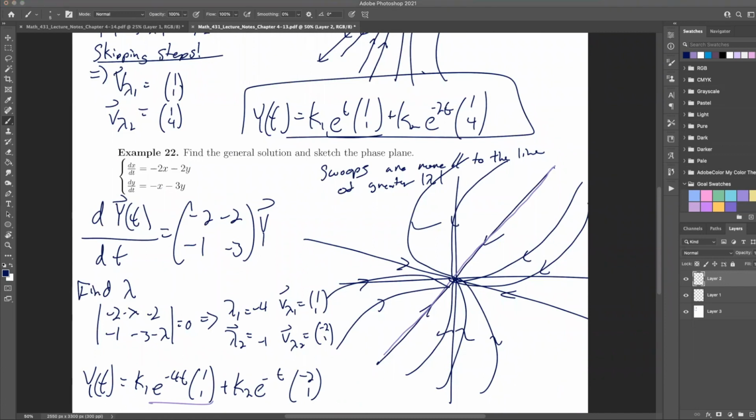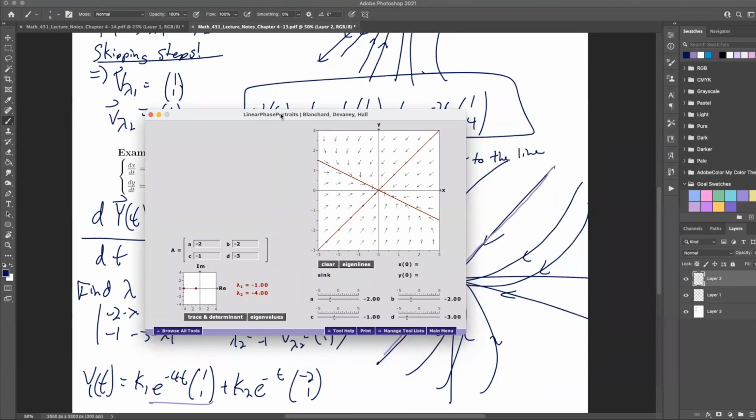So let me go ahead and put this one in. This is -2, -2, -1. If you just click right here, you can look at this, but we're not going to get into that for now.